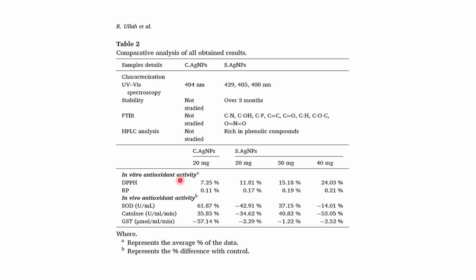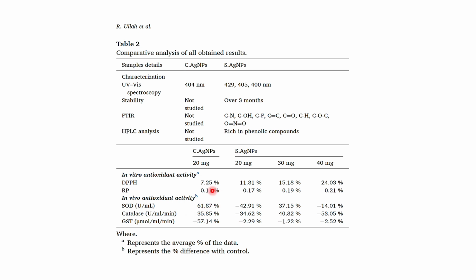For in vitro antioxidant and in vivo antioxidant activity, DPPH activity and FRAP activity were used. As you can see, these are all compared with the average data obtained.